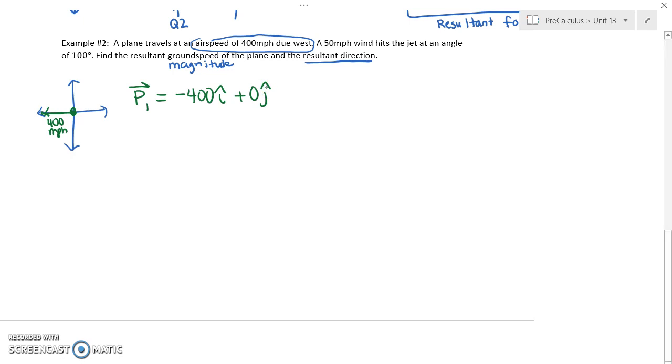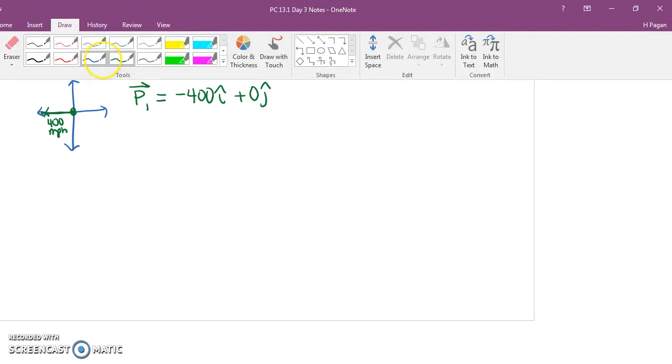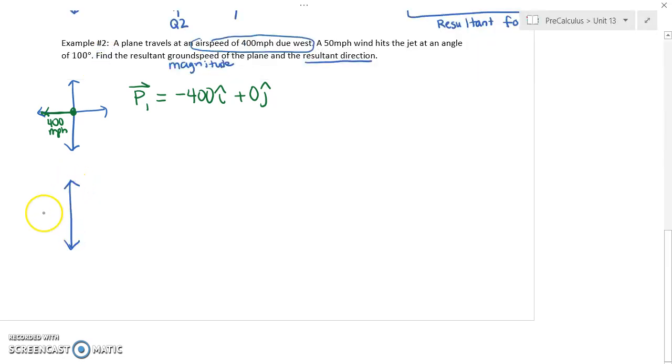Let's look at the second one. The second one is in quadrant 2, 100 degrees. So if that's 100, we know that once the triangle is created, inside the triangle is 80 degrees. And the hypotenuse is 50 miles per hour. Okay, so that's our hypotenuse. And we have our a and b that we have to solve. So we're going to go ahead and do cosine of 80 degrees equals a over 50.